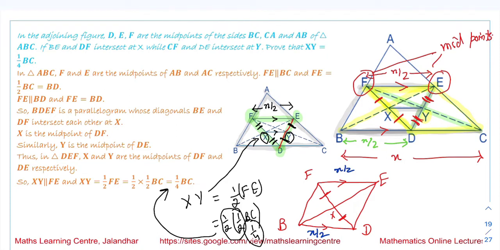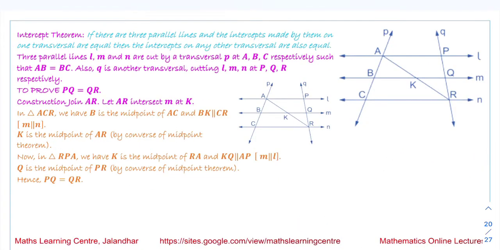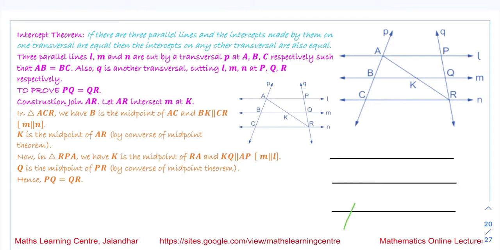Now we have the intercept theorem. We will see what the definition of intercept is. We are given three parallel lines, and a transversal intersecting these three lines. The intercept is this distance.